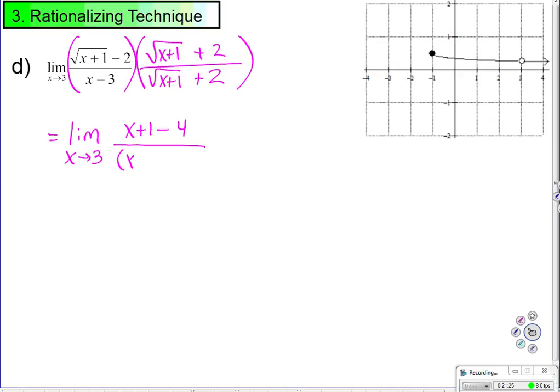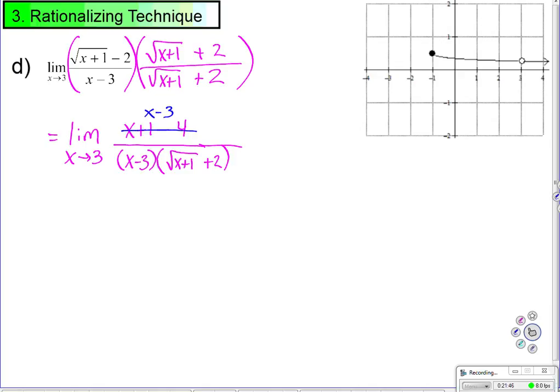On the bottom, we do not want to distribute and make a mess of our bottom. So we'll just rewrite those 2 factors and leave them like that. On top, let's simplify out the math. 1 minus 4 makes this an x minus 3.